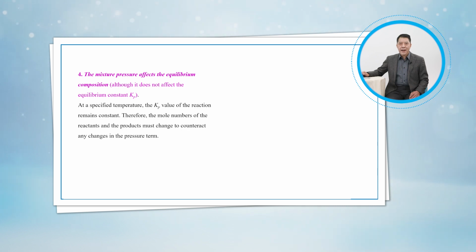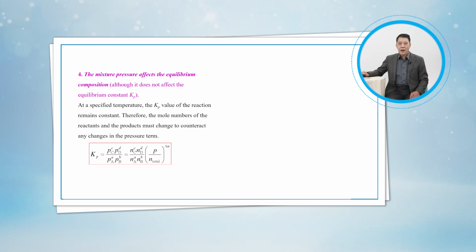At a specified temperature, the Kp value of the reaction remains constant. Therefore, the mole numbers of the reactants and the products must change to counteract any changes in the pressure term.